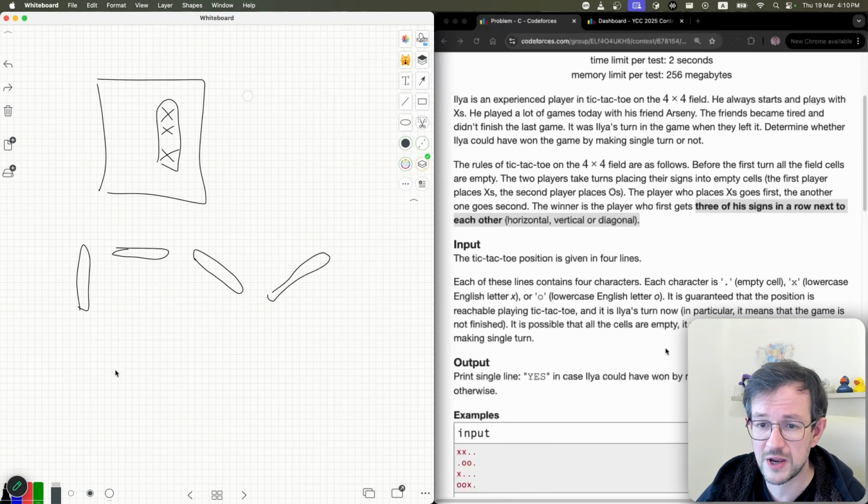So if I have a triple and it has 2 crosses and an empty space in any configuration, something like this, then I say yes. So I check all possible triples and check if it contains 2 crosses and an empty space. That's it. That's my solution.